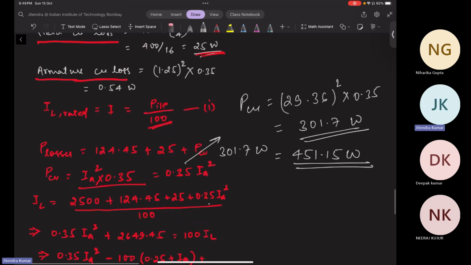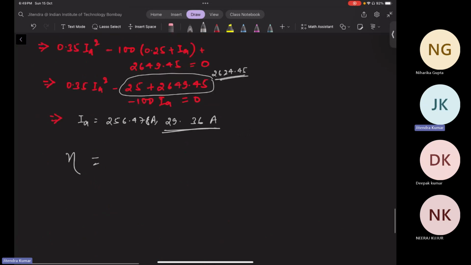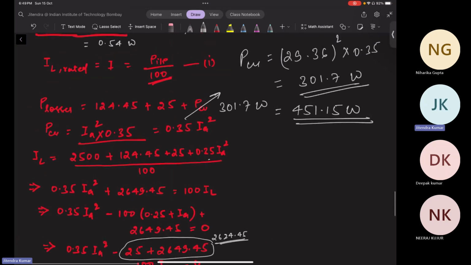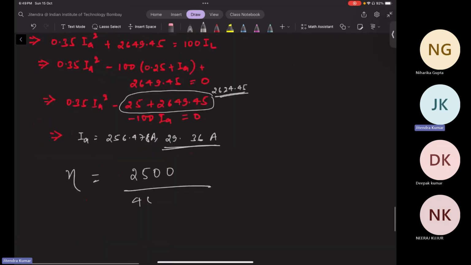Okay, so we are done with the total losses. Now we can find out the efficiency. Output power is nothing but 2500, divided by output power plus losses. This is rated output power 2500, right?